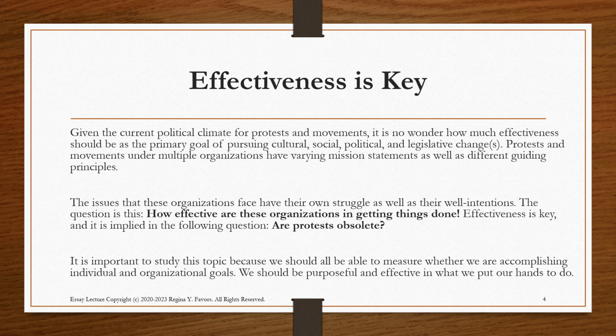But if you don't set any goals, or all the goals that you have set you have not accomplished anything, then yes, protests are obsolete because you are not effective in the thing that you are trying to accomplish. Meaning that it all starts with you assessing the initial goal.